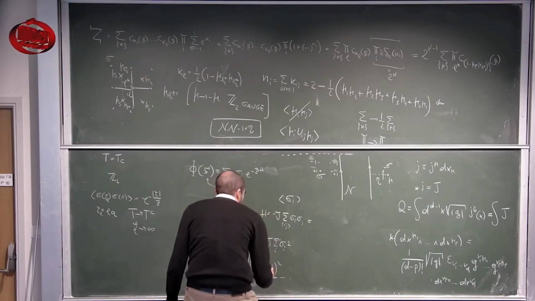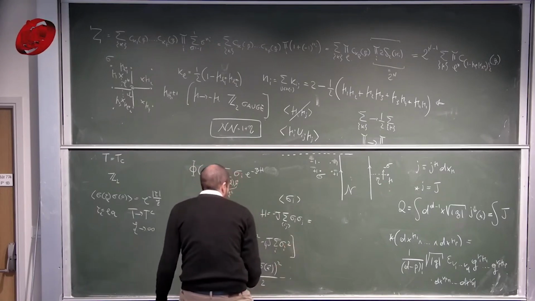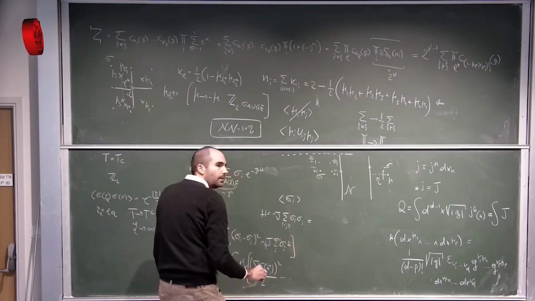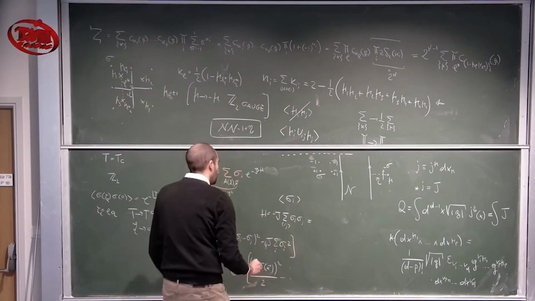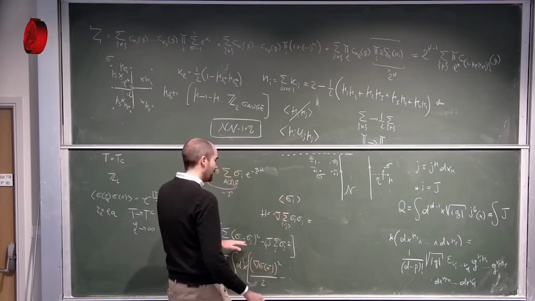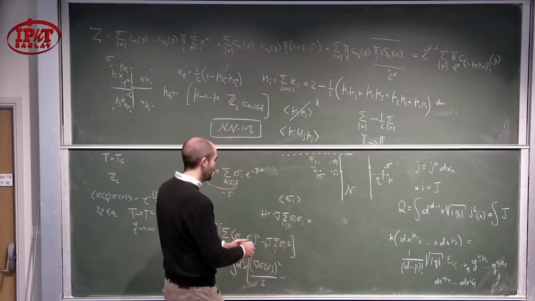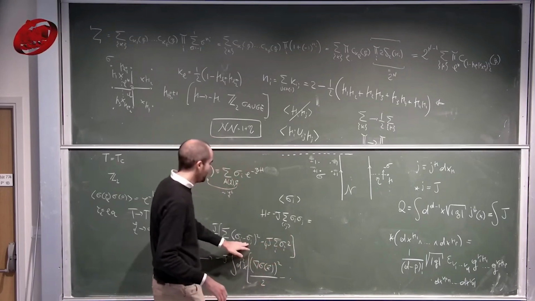This is just the continuum limit of sigma. So if my lattice spacing goes to 0, this is what these variables look like.